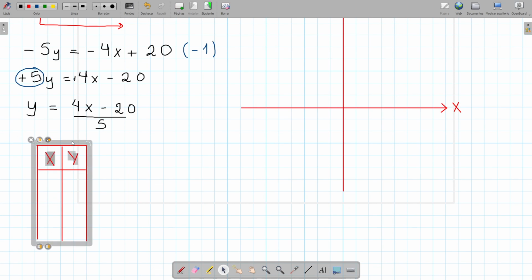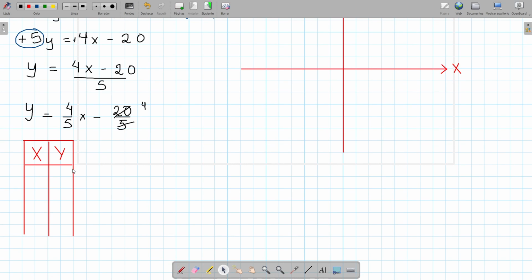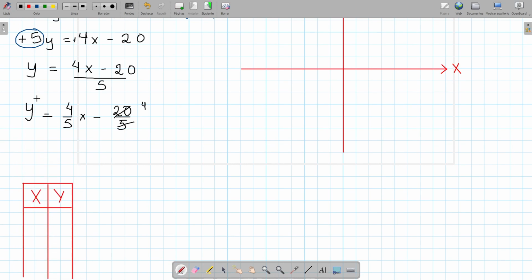How can we proceed with that? Very easy. We have to distribute this 5. So we have 4 over 5x minus 20 over 5, which is going to be 4. That means that the main formula for the linear equation would be y equals 4 over 5x minus 4.